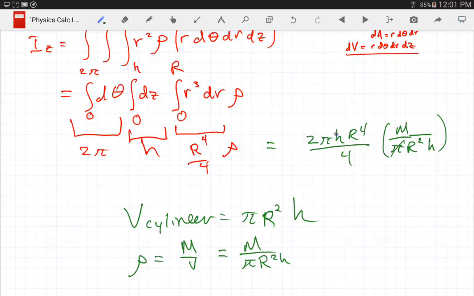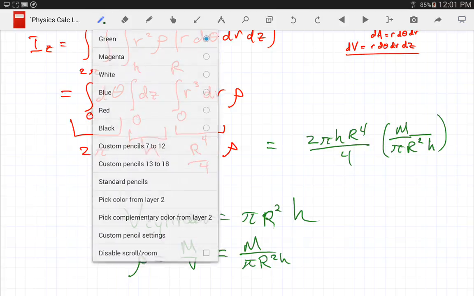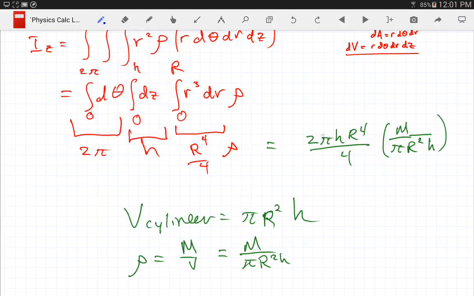Notice my pi's cancel. The pi's cancel. The h's cancel. And with my r's, I will have 2 r's cancel. And so I have I for the disk is equal to, everybody knows, 2 divided by 4 is 1/2, canceling 2 of my r's.